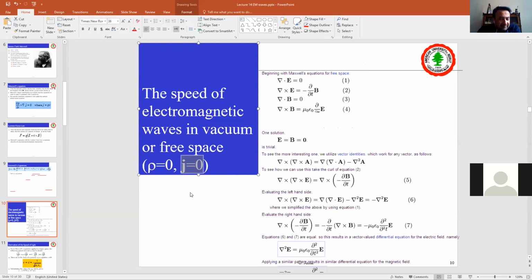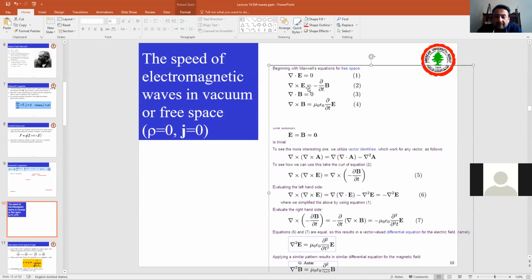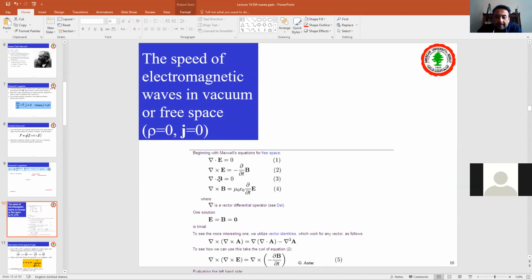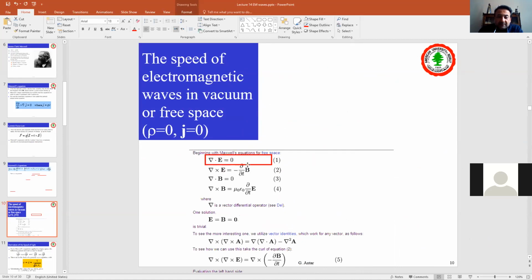It's just light going in space. Consequently, I have my divergence of E equal to 0.